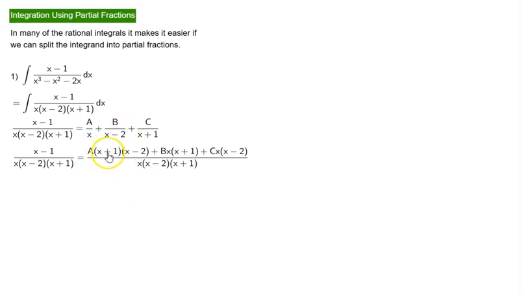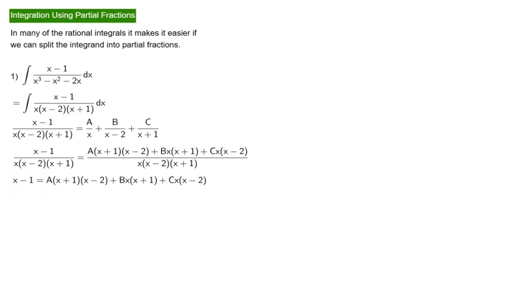We get a times (x plus 1) times (x minus 2) plus b times x times (x plus 1) plus c times x times (x minus 2), and the denominator would be x times (x minus 2) times (x plus 1). The denominators on both sides cancel out, and we are left with x minus 1 is equal to a times (x plus 1) times (x minus 2) plus bx times (x plus 1) plus cx times (x minus 2).